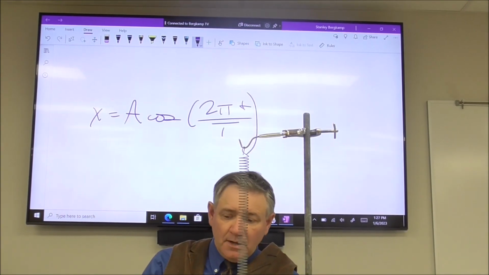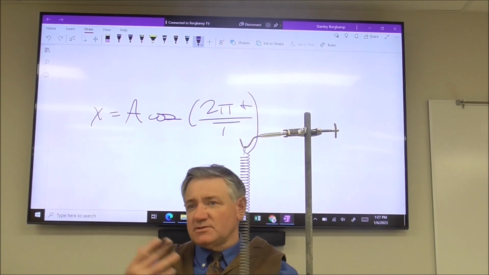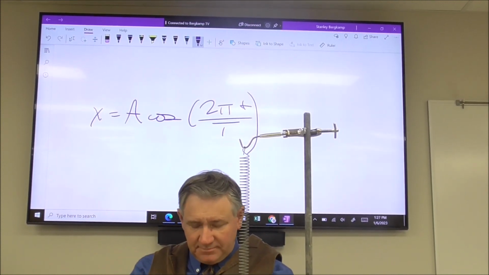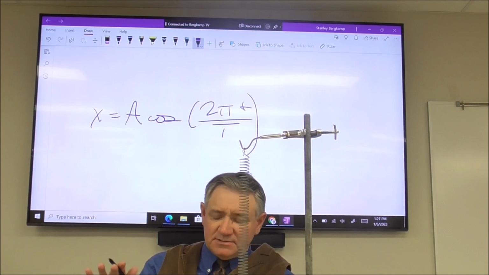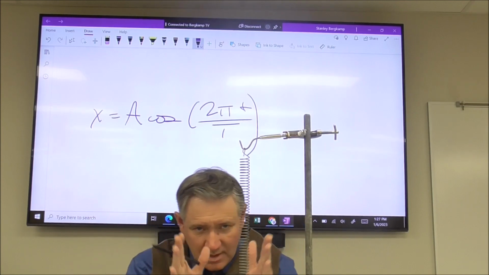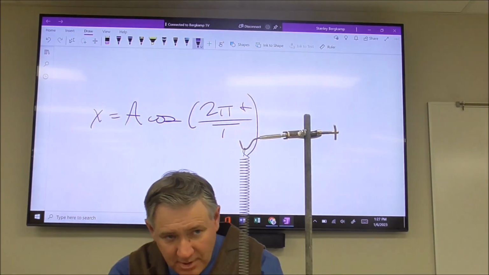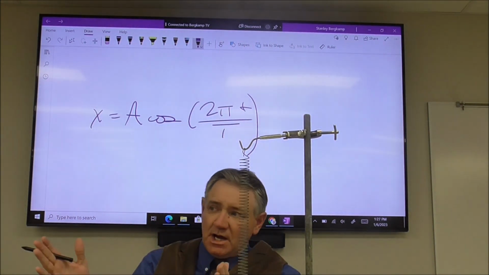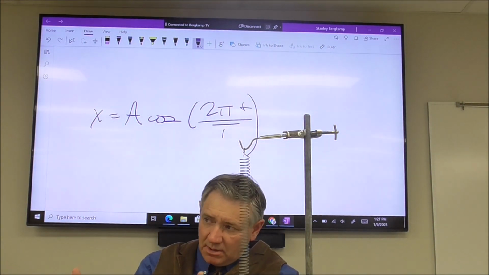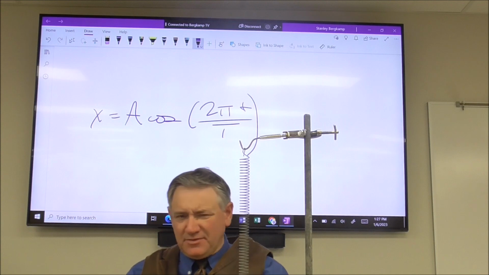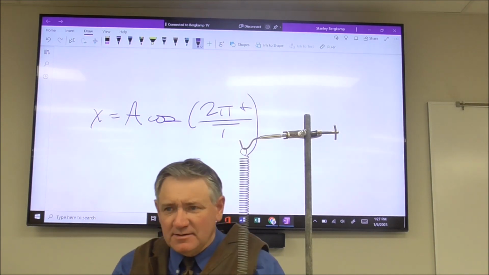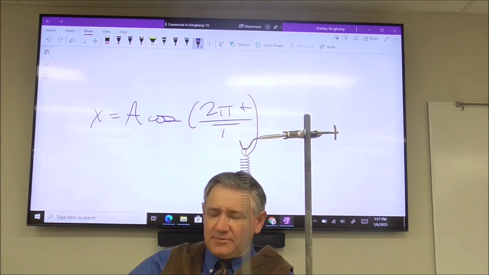Now, radians are typically associated with circular motion. So here's how motions on a spring match up with motions on a circle. And you'd think, how does that have anything to do with a circular path?